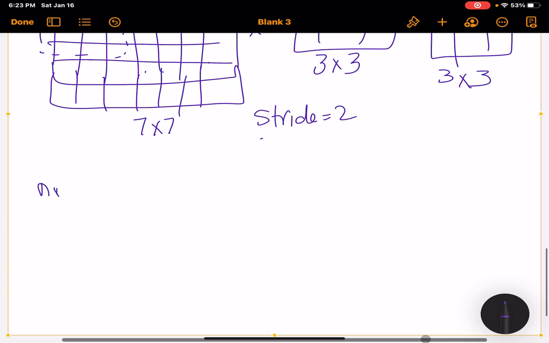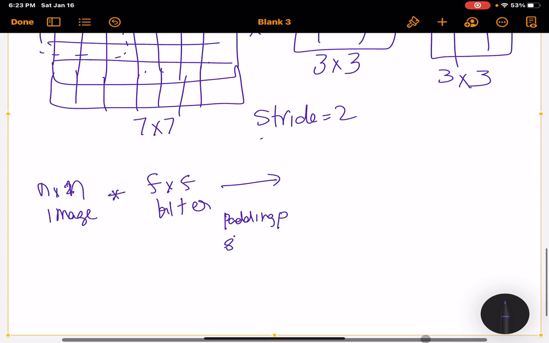So if you have an n cross n image convolved with an f cross f filter, and we are using a padding of p and a stride of s, in that case my final output would be the floor, that is, I will round to the lowest digit when I have a decimal value.